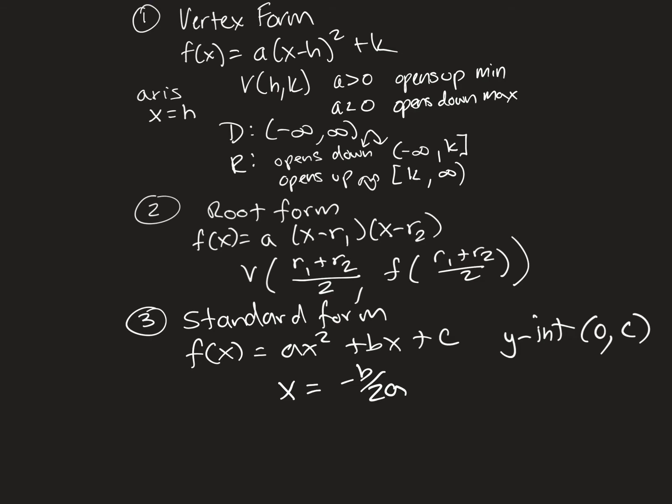So I'll do negative b over 2a to get the x-coordinate of the vertex, or that h value if we refer to the vertex form. Then the vertex is negative b over 2a, comma, the y-coordinate found by putting that x-coordinate back into the function. So those are your three forms, and from each form, you should be able to get the vertex without manipulating it into a different form.